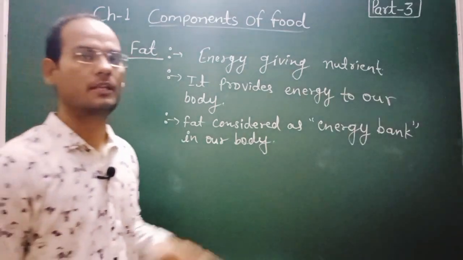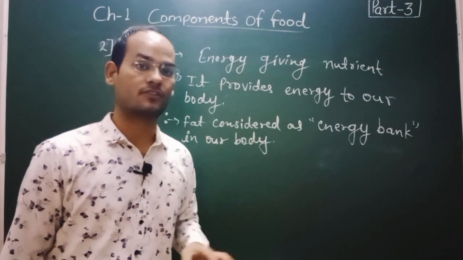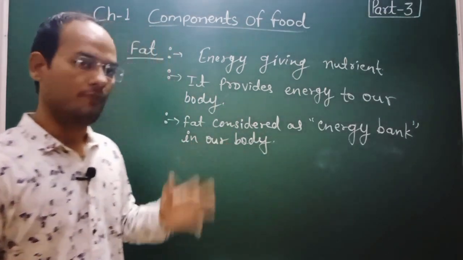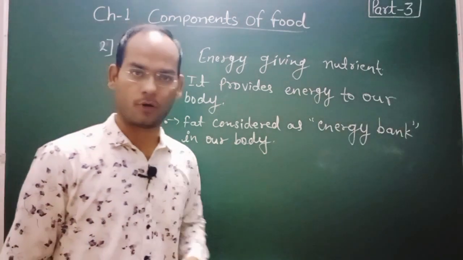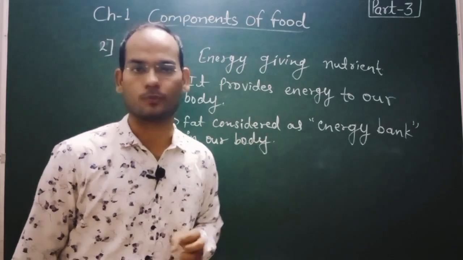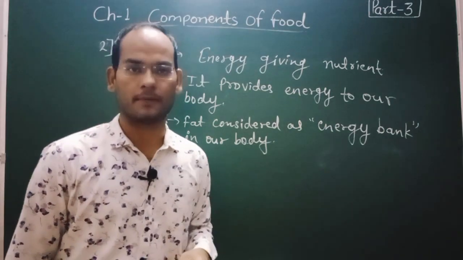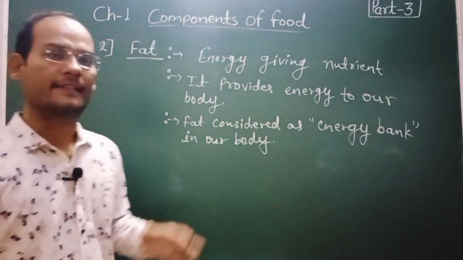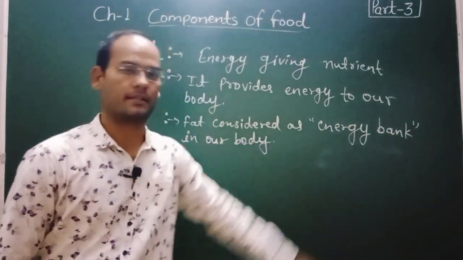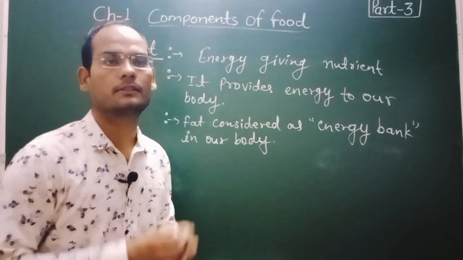We get energy from carbohydrate and fat, and whenever extra energy is formed, the body does not immediately consume it. So this extra energy is stored by the body in the form of fat. That's why fat is considered an energy bank in our body. Clear? So let's come to the next point.